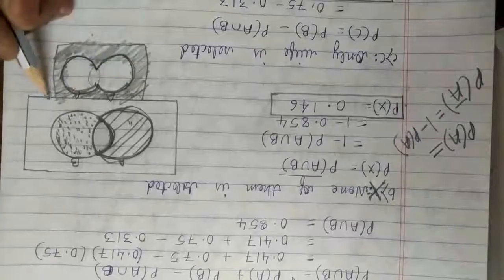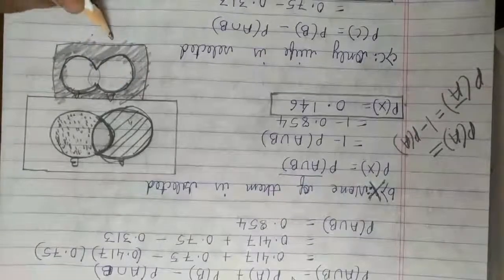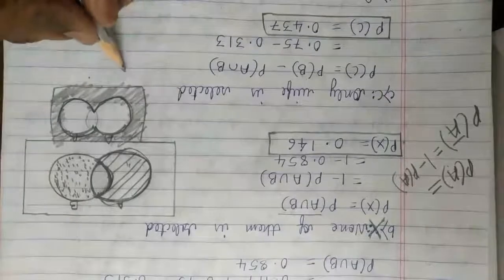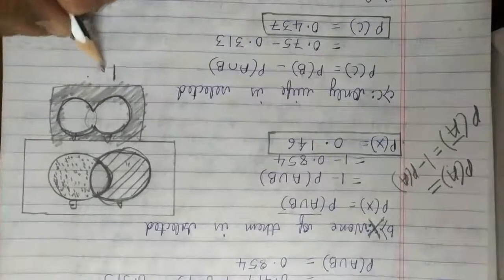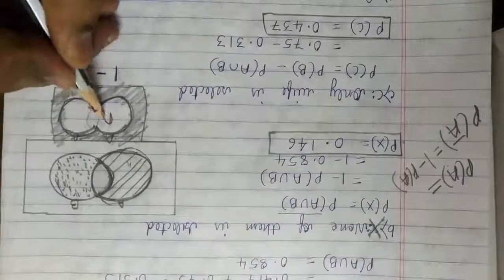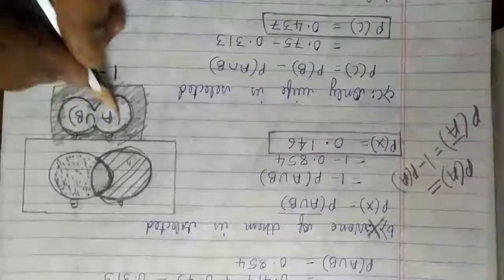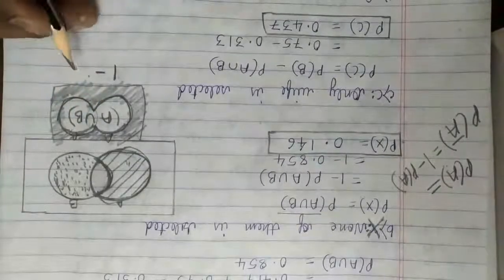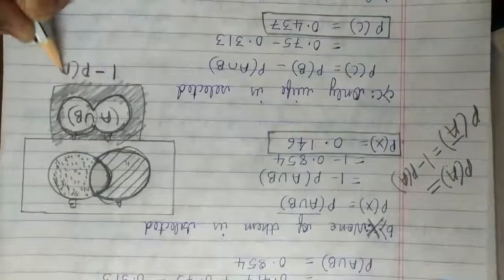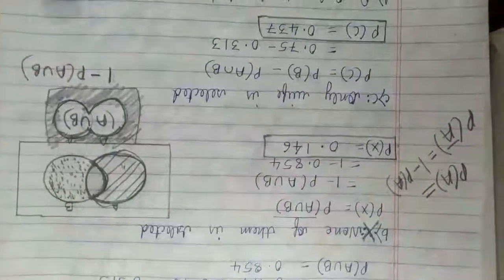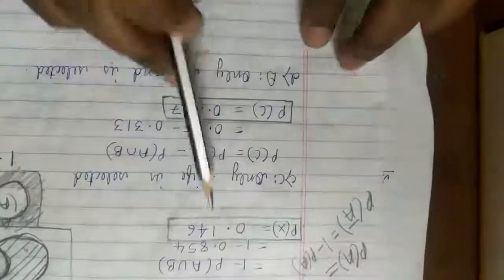So if 1 is the area of the entire rectangle, the shaded region will be 1 minus this, and I know that this is A union B, A or B, addition theorem. So probability of A union B comes, and that is how I've solved this problem.